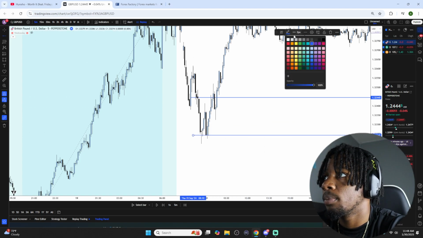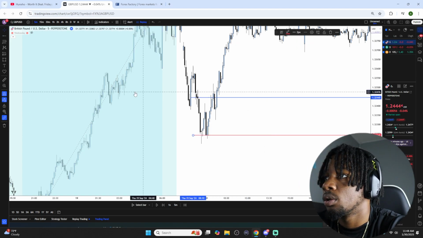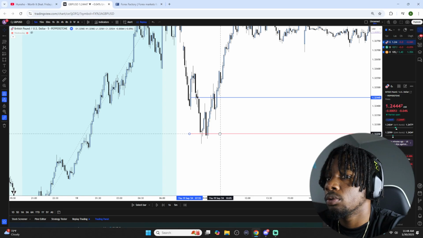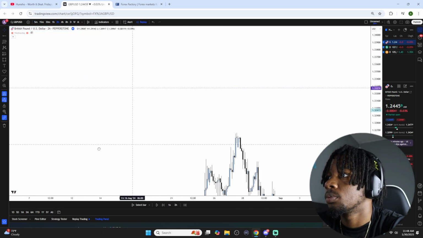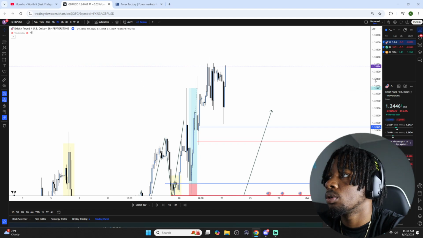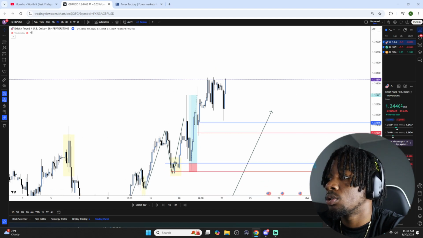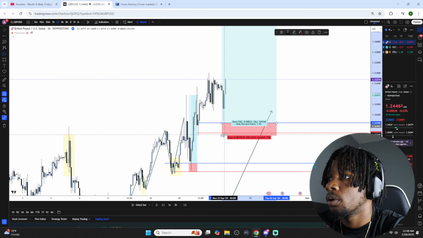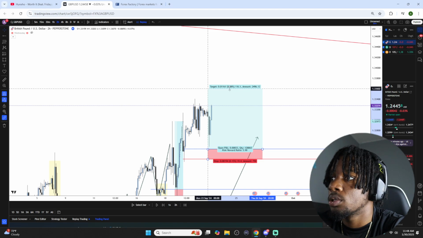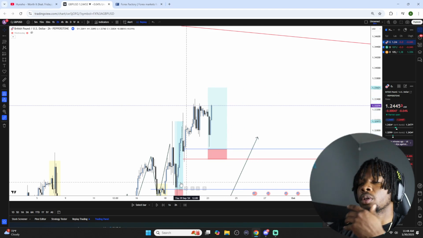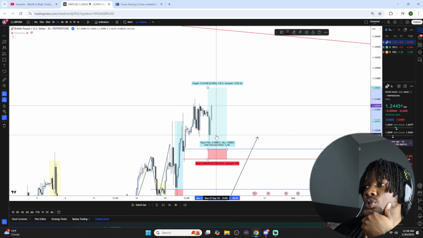So we're gonna move that, make that red, because at the body of the candle, like I always tell y'all, put that back onto the 2-hour time frame. Move this over, entry right here, stop loss right there, take profit 1 to 6. So boom. Okay, so we was to move this 2 pips higher.